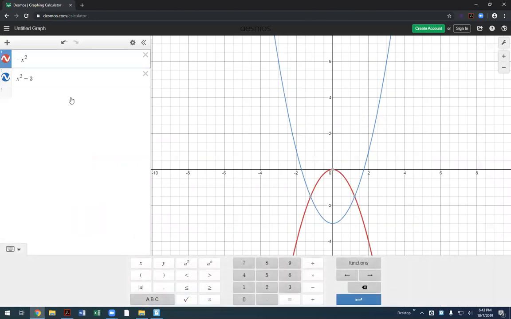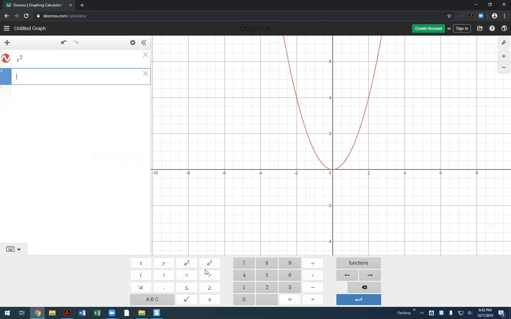Let's leave this as our base function. We are doing negative x squared plus 1. Remember the order in which we did the translation. We said let's reflect it first, then move it 1 unit upward. When you did the reflection first, we took this red graph and just inverted it.